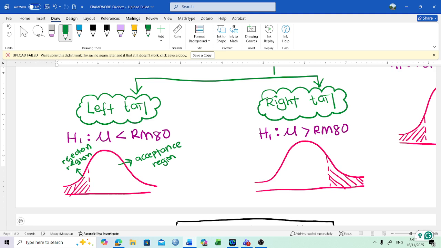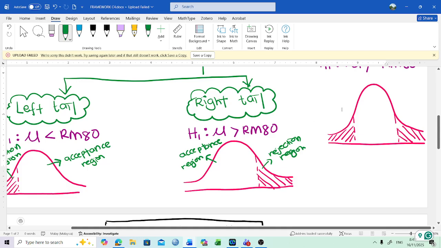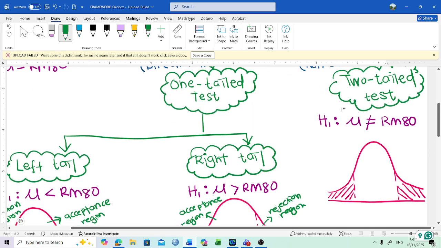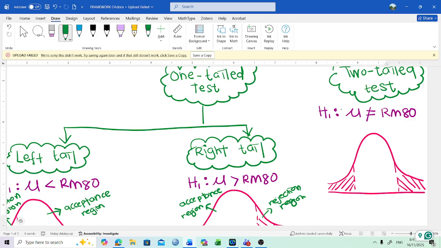Same goes for the right tail. Shaded is the rejection region, unshaded is the acceptance region. So, for the two-tail test, you can see that there are two rejection regions, on the left side and right side.